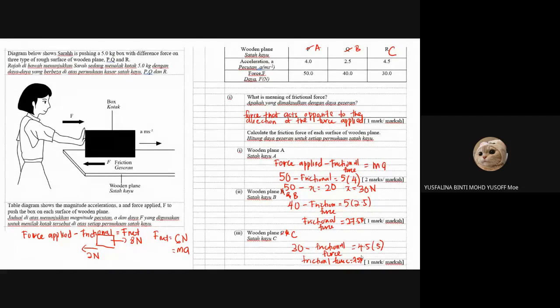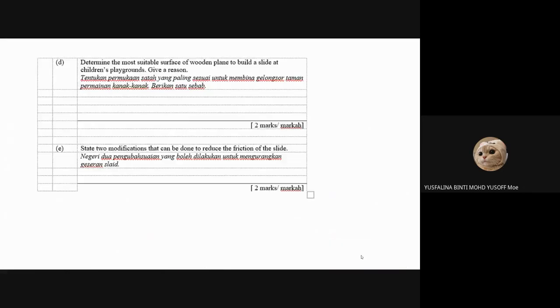B. Why do you choose B? Not too slippery and safer. Okay, so actually the correct one is C, it's not B. The answer should be C because it has the least friction force, the lowest friction force.